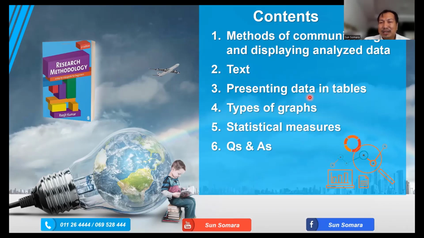Number 3, presenting data in tables. What is the best way to present your data in a table? Then graphs that you can present. Number 5, statistical measures: what statistics can you use to measure the data? And the last one is Q&A in case you have something.